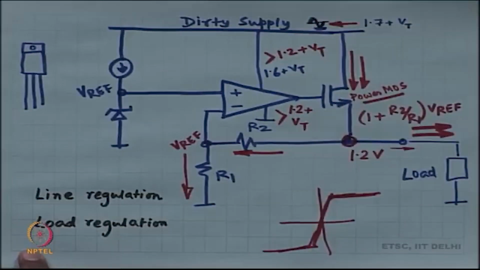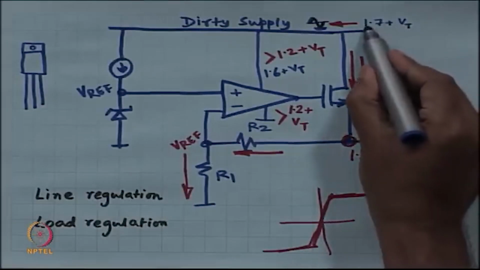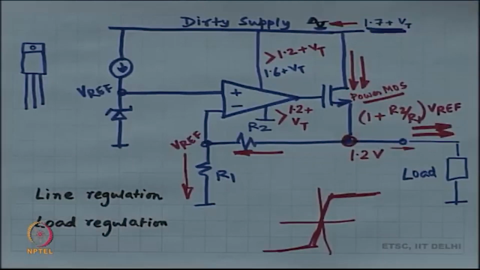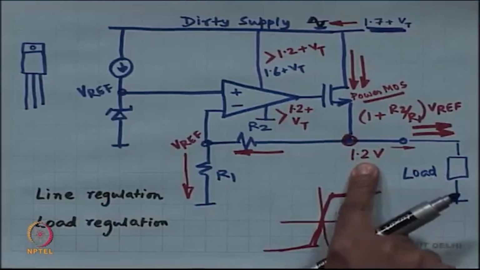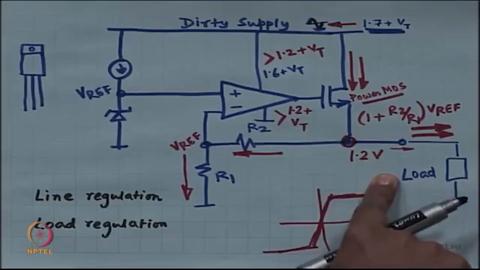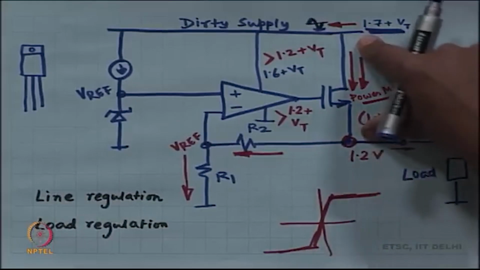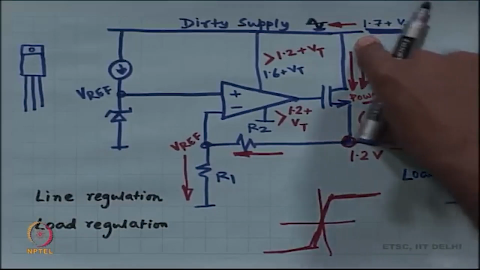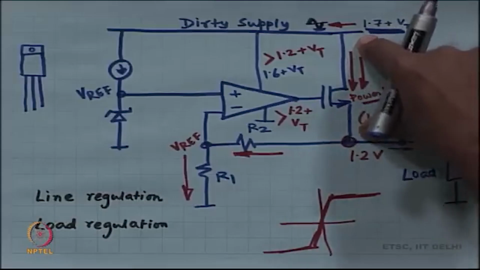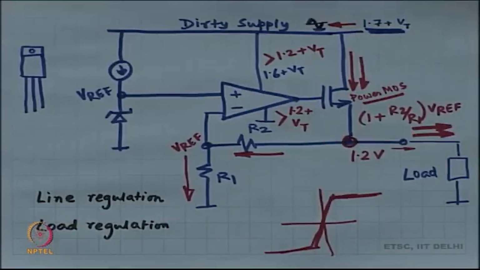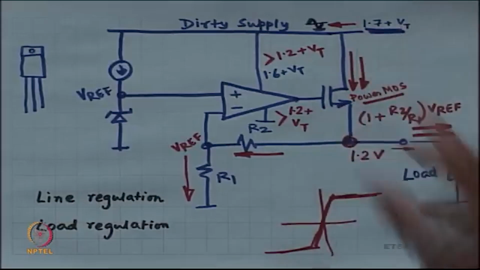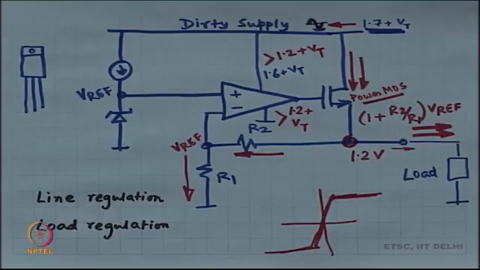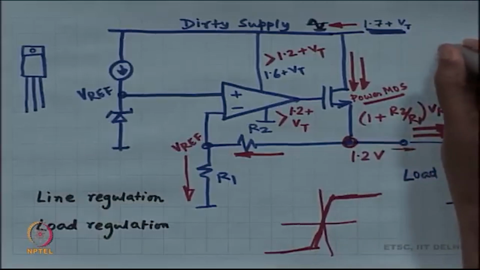So, now the dirty supply is 1.7 plus VT, the actual supply going to the load is just 1.2 volt. What is the drop over here? It is 0.5 plus VT is the drop across drain and source. And suppose VT is another half a volt, then that means that the drain to source drop is something of the order of 1 volt. So, I have got a 1 volt drop over here.